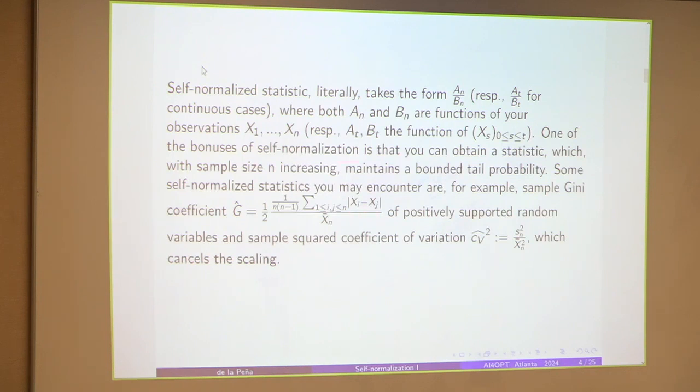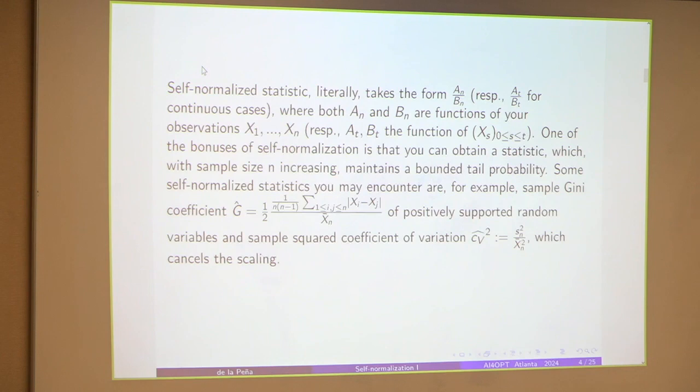One example is the sum of d_i over the square root of the sum of d_i squared, if the d_i are martingale difference sequences.